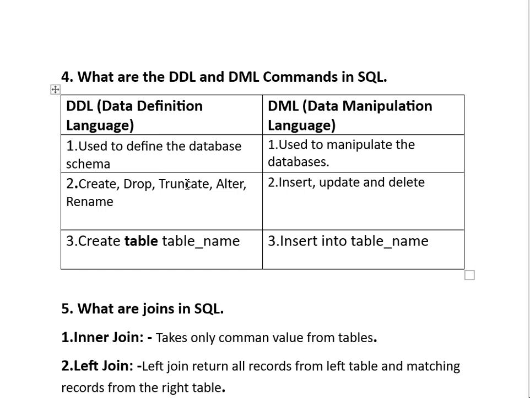Truncate, along with deleting all the rows, deallocates the space which is allocated to the rows, and in this way it is defining the space for the database. That's why it comes under DDL. So these are the two main points to focus on: why truncate comes under DDL, and second, that in DDL commands we use the table object when we write the query.